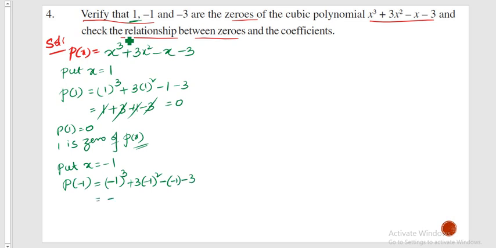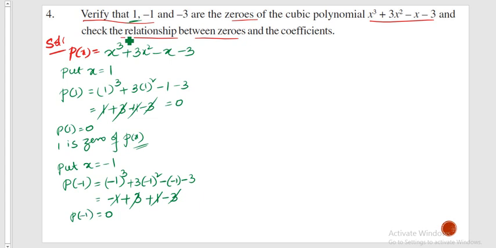Minus 1 whole cube is minus 1, plus 3 into minus 1 whole square. Any even power is a positive value only. Minus of minus 1 is plus 1, minus 3. So minus 3 plus 3 gets cancelled, plus 1 minus 1 gets cancelled. So p of minus 1 is equal to 0.